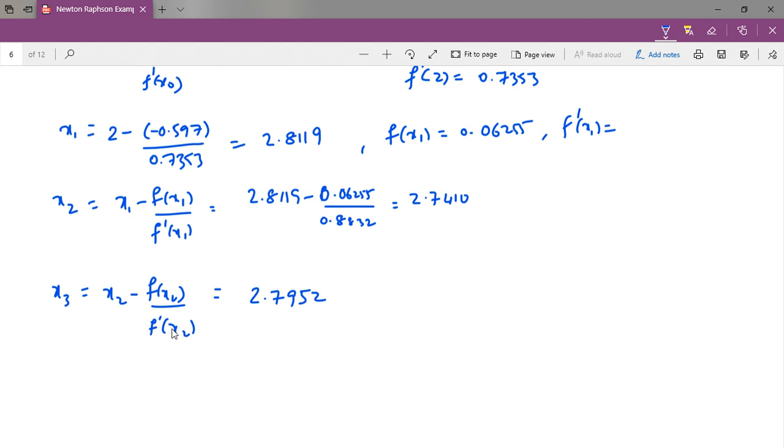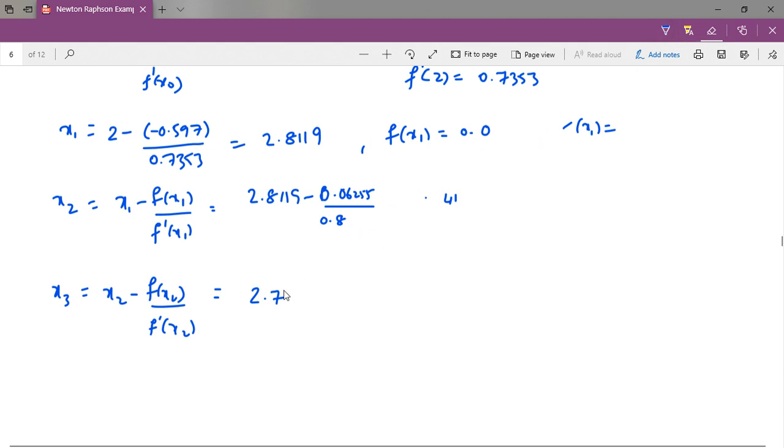Next let us go for x4, which is 2.7366, and now this is 2.7410.